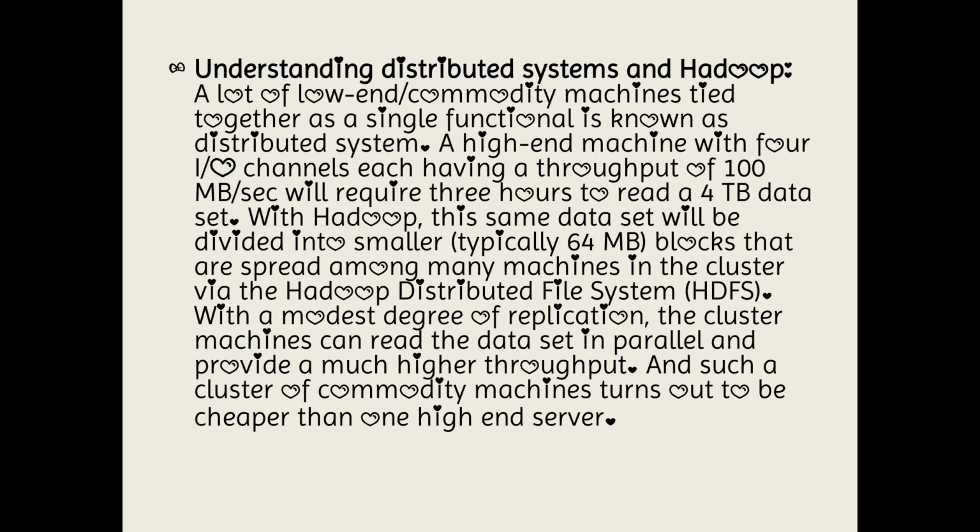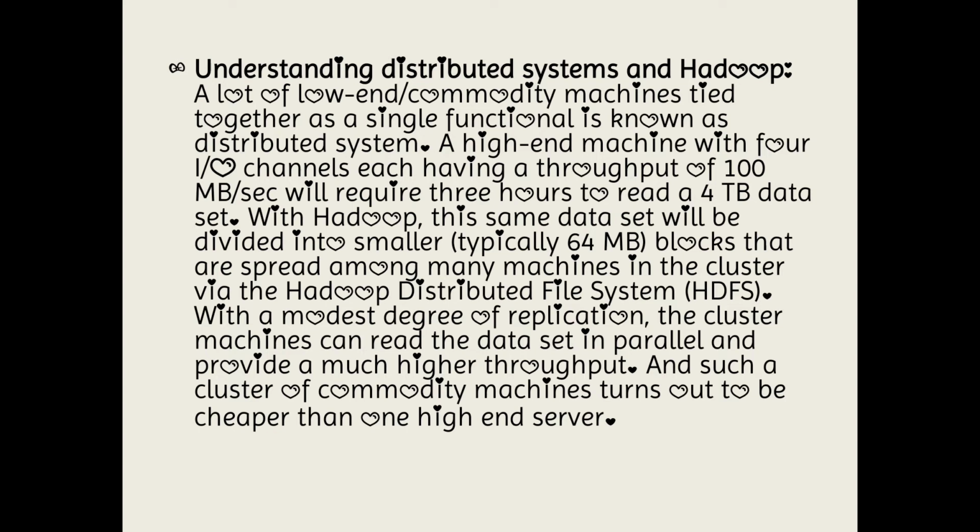Whereas for distributed systems, what do we mean by a distributed system? Low-end commodity machines tied together as a single functional unit. Single means one, that work is done by only a single person or single cluster. That is known as a distributed system.